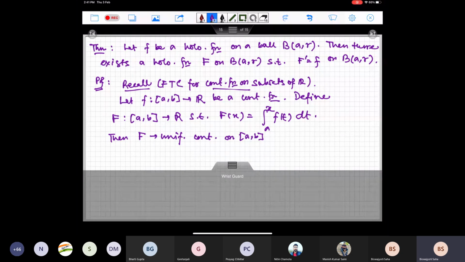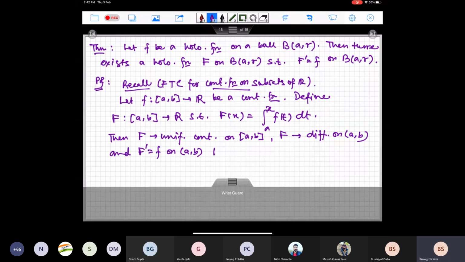It's continuous, therefore uniformly continuous. And capital F is also differentiable on the open interval (a, b), and I have capital F prime equal to little f on the open interval (a, b). Okay, so hence the integral from a to b of little f(t) dt is capital F(b) minus capital F(a). So this is the version of the fundamental theorem of calculus that I want you to keep in mind.